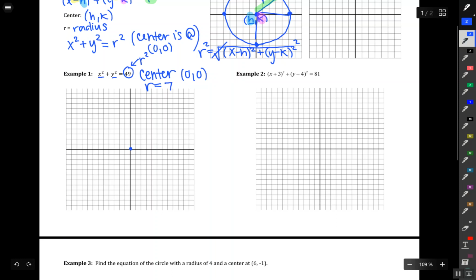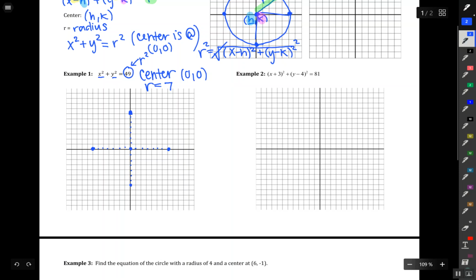7 squared is 49. So I'm going to count right 7: 1, 2, 3, 4, 5, 6, 7. Then I'm going to go up, down, and left, each 7.